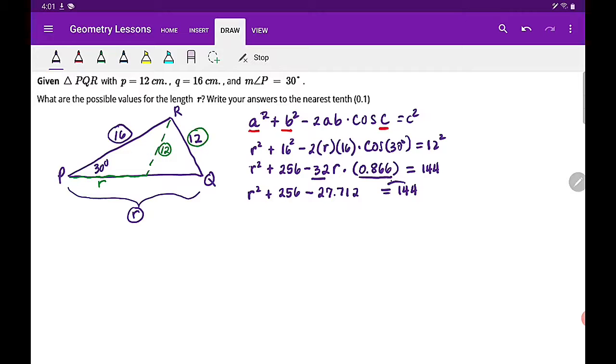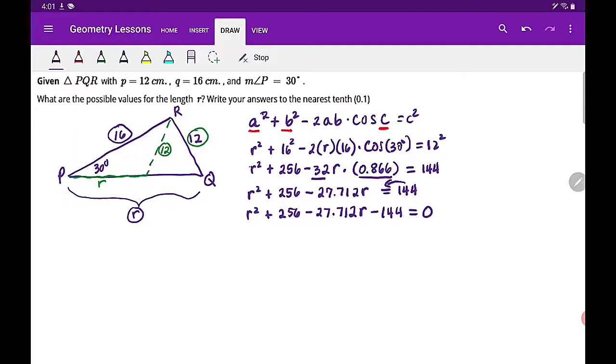Let's just kick this over to the other side. It becomes R squared plus 256 minus 27.712R minus 144 is equal to 0.